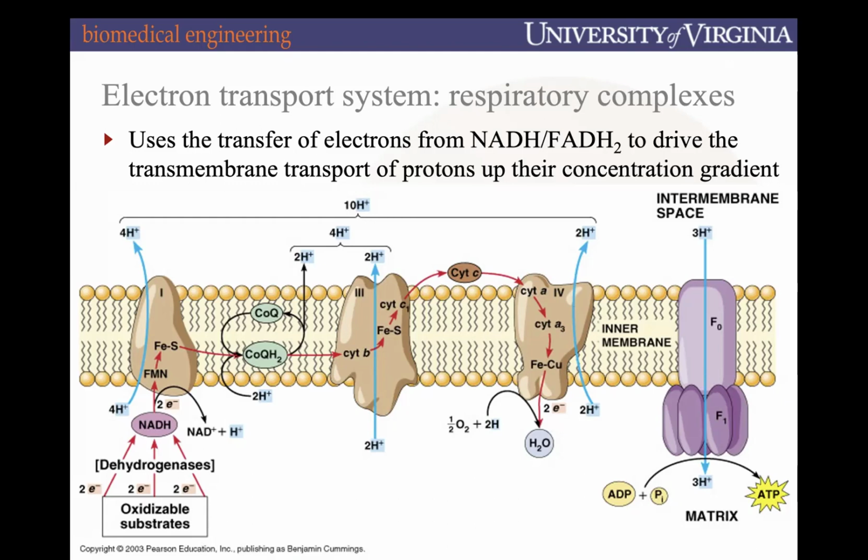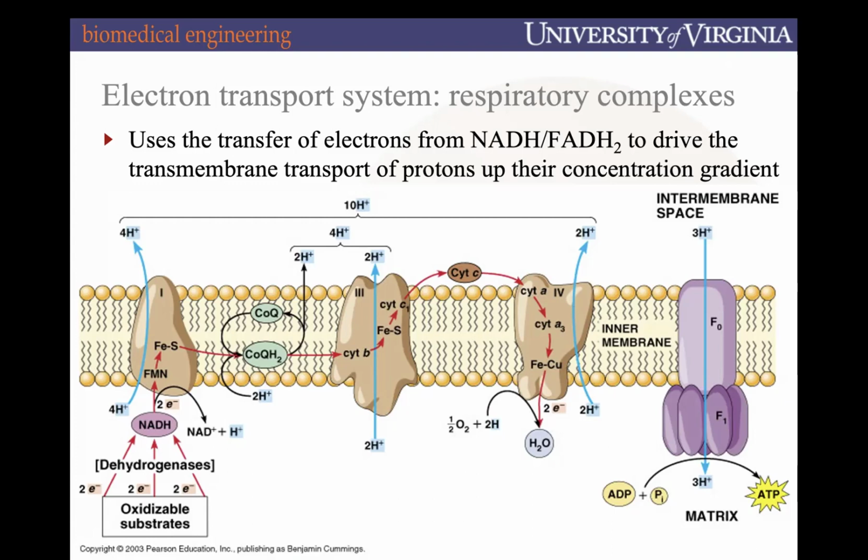So we get 10 hydrogen ions for every NADH that have moved across into the intermembrane space. And finally, with a hydrogen ion here and the presence of oxygen, we're going to use that electron to generate a water molecule here. Again, the key thing to take home here is that NADH is now undergoing oxidation itself.